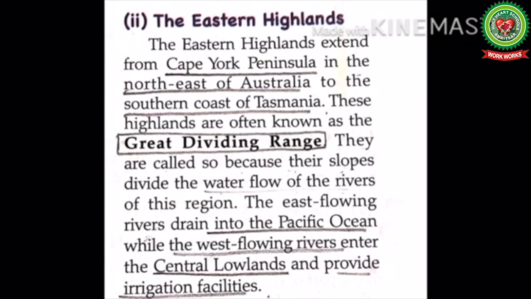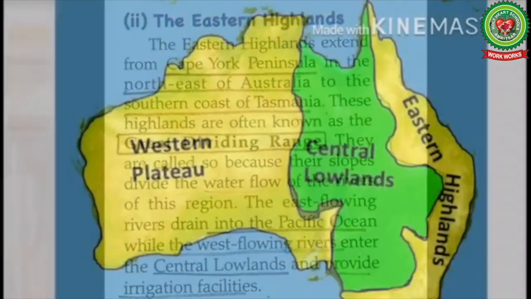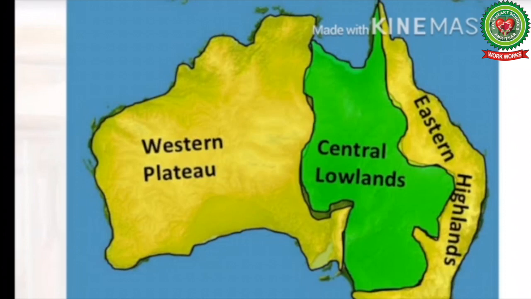The east flowing rivers drain into the Pacific Ocean and the west flowing rivers enter the central lowlands and provide irrigation facilities. It means the eastern and the western slope divide the water flow of the rivers.